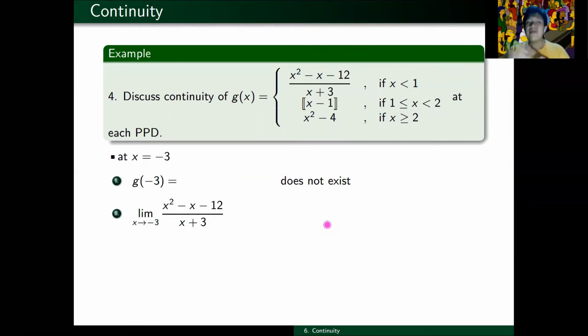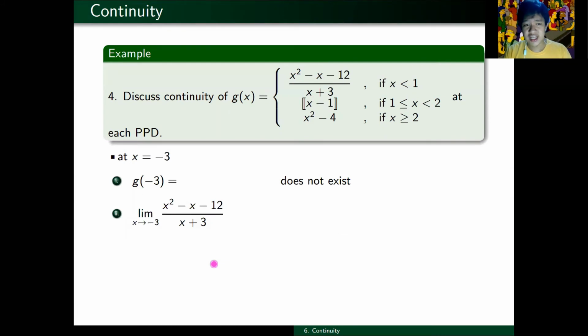Check natin yun. Alam na natin na hindi continuous at x equals -3. But itutuloy natin sa second condition just because I wanna know what the type of discontinuity is. No, kung siya ba ay removable, essential. Let's see. In getting the limit of your function as x approaches -3, I don't have to consider left and right hand limits kasi ito lang naman for x equals -3, no?